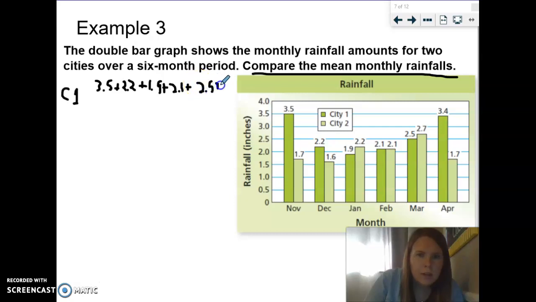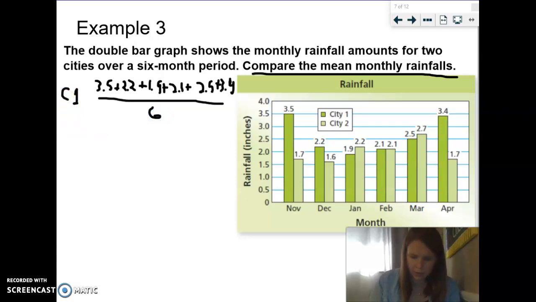And for April, it's 3.4. Okay, and we're going to take that and divide it by 6 because we're out of 6 months. So I'm going to add up my part first at the top. So 3.5 plus 2.2 plus 1.9 plus 2.1 plus 2.5 plus 3.4.